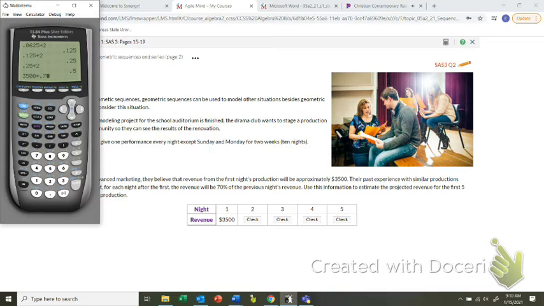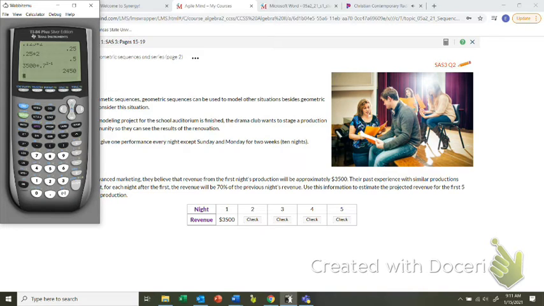To get it in the exponent, you use this little arrow right here. Now we're looking for night 2. So what am I going to plug in for that n? 2 minus 1. Enter. You should have gotten 2450.